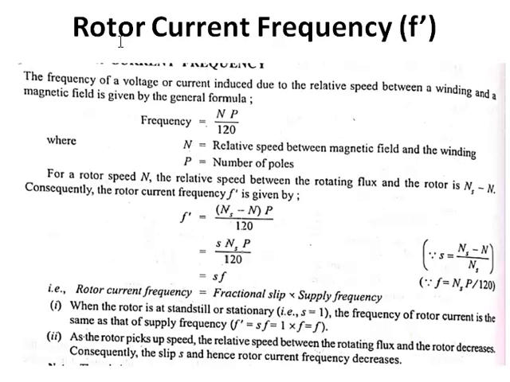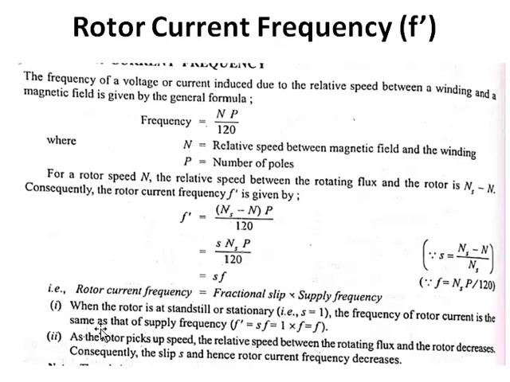What is f dash? Rotor current frequency is equal to slip into the supply frequency. And very important, this particular slip is represented in fractional format, (Ns minus N) divided by Ns. It should not be multiplied with 100. So you can see that rotor current frequency is equal to fractional slip into supply frequency.